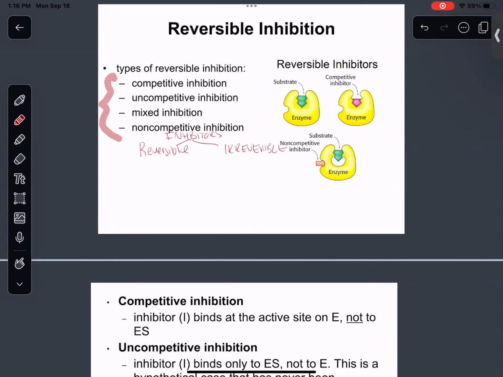Now we're focused on reversible, which break up into four different kinds: competitive, uncompetitive, mixed, and non-competitive. These will break up further. Irreversible, we'll talk about, will also break up further. This will help you keep track of what we're looking at, and that's important because you need to see where everything fits into the big picture. That's what's really going to help you understand what we're talking about.